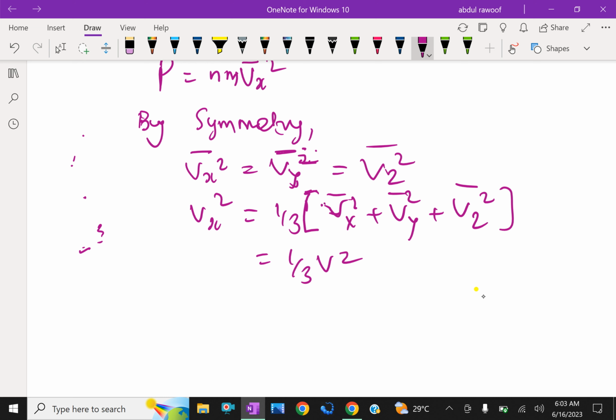So Vx square bar equals 1/3 V square bar.